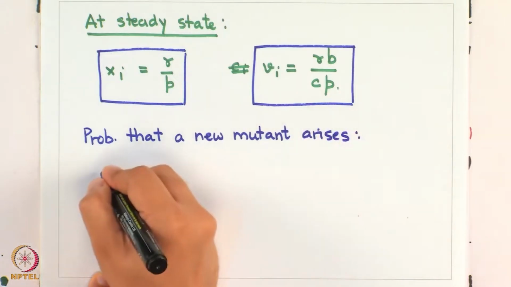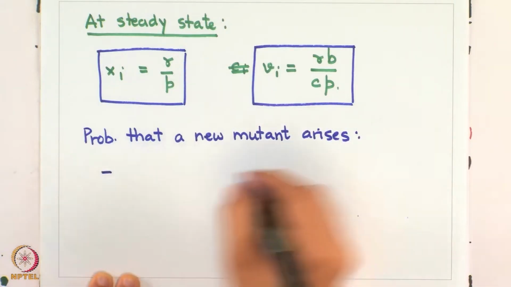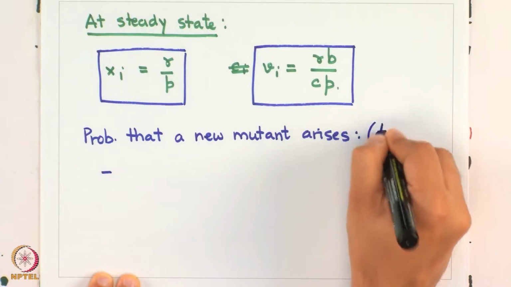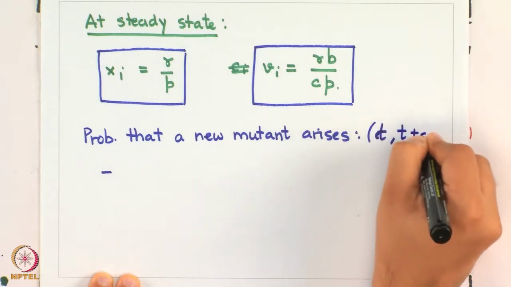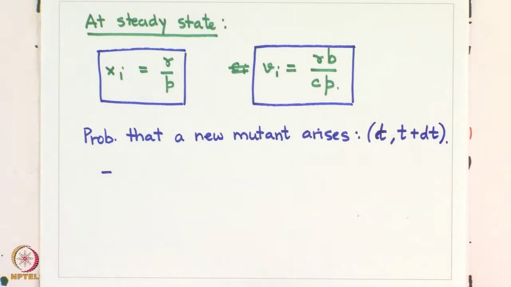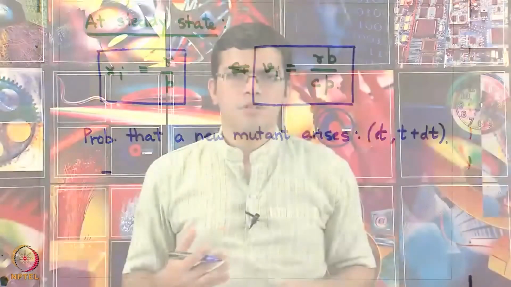This can be modeled by saying that the probability arises in the time interval t to t plus dt, because the occurrence of mutation is a random process. Every time a virus particle replicates, you may have a mutation or you may not.